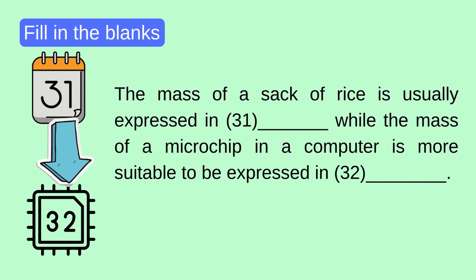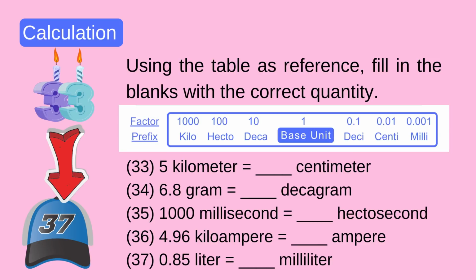Mass of a sack of rice is usually expressed in blank, while the mass of a microchip in a computer is more suitable to be expressed in blank. Using the table as reference, fill in the blanks with the correct quantity.